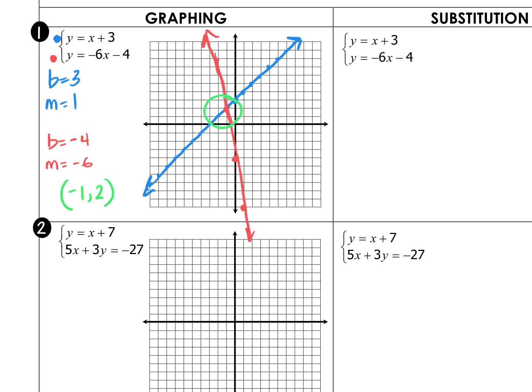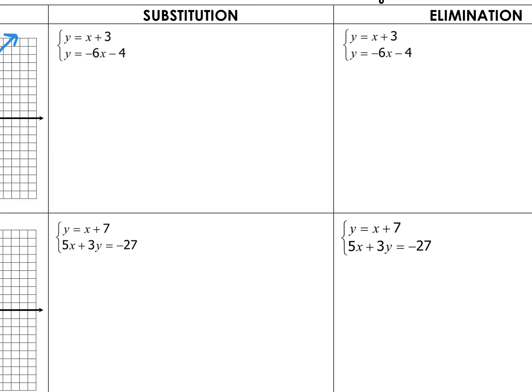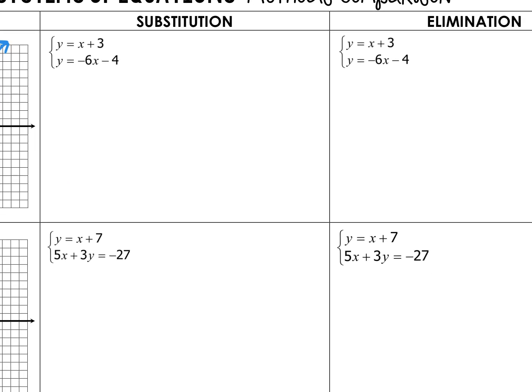All right, let's move on to substitution. Again, I rewrote the equation so that I can see it. But basically, I'm going to take what y equals and plug it into the other equation for y. In order to use substitution, we have to have one of the variables by itself.